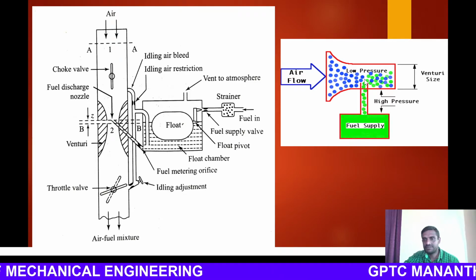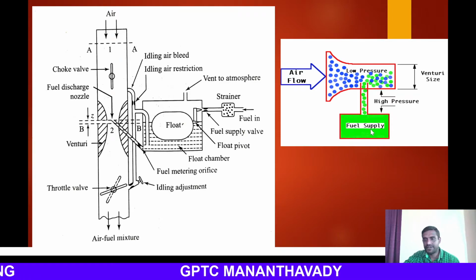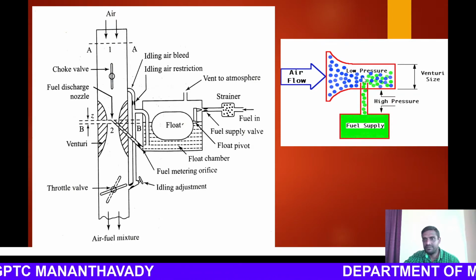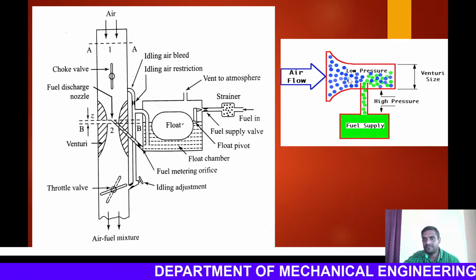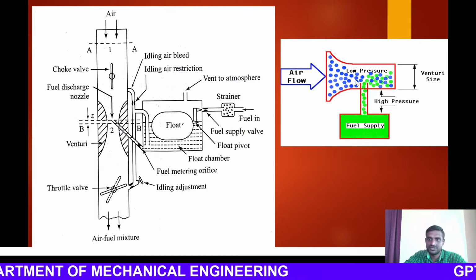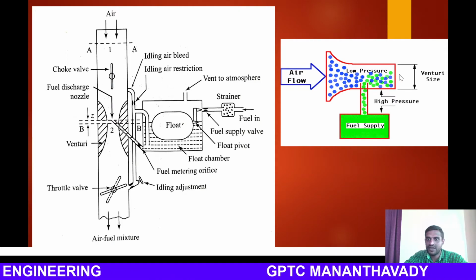Whenever a pressure difference is created, the fuel molecules in this tank have a tendency to rise through this tube and reach here, where they get atomized and mixed with the air molecules. So the air-fuel mixture, or the charge, comes out this way.